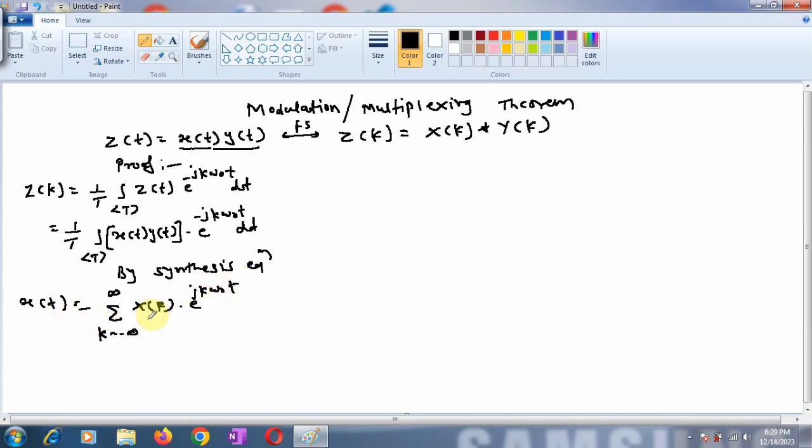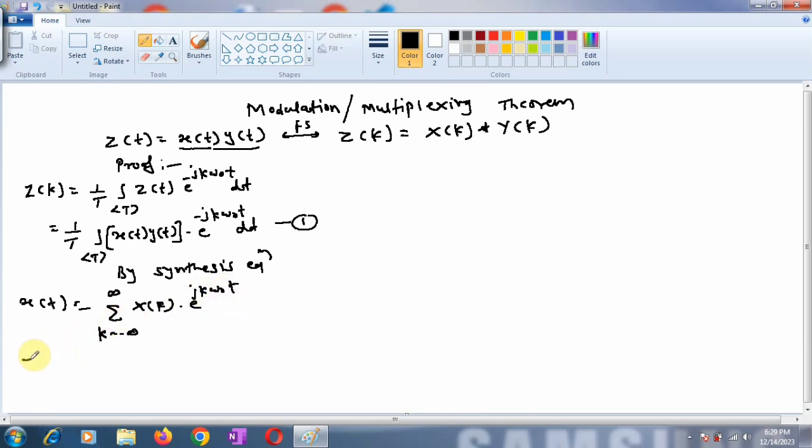So now this value of x of t we will substitute in the above equation, let's say equation number 1. While substituting, I am going to change this index of summation from k to another variable to avoid the same letter confusion.